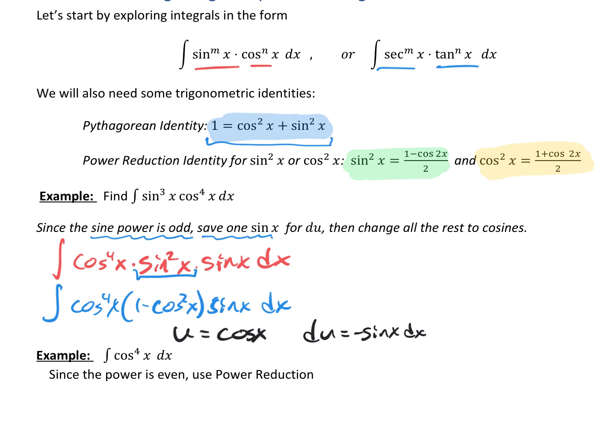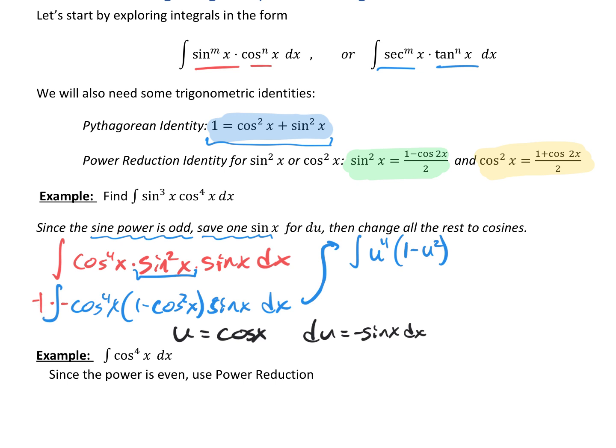That brings us up to here, so this is equal to the integral of u to the fourth times 1 minus u squared. We have sine, but we don't have negative sine, so I wish we had a negative in here. If I put a negative in here, I need to put a negative 1 out here.